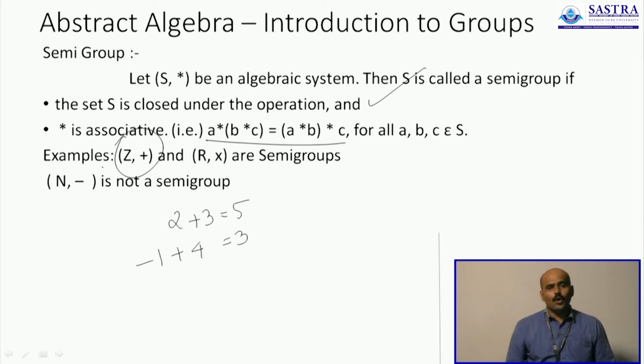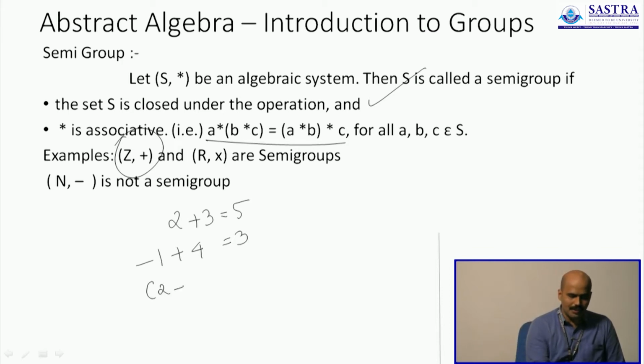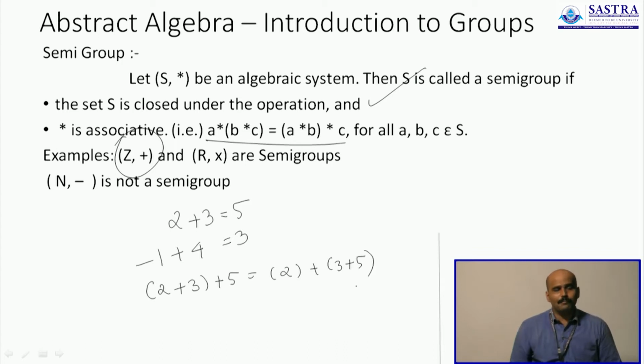Further, the operation is also associative. You take three distinct elements. I am giving you examples, proofs can be given, but we will stick to examples. I can compute the answer either by the order given on the left side or the order given on the right side. I am still supposed to get the same answer.